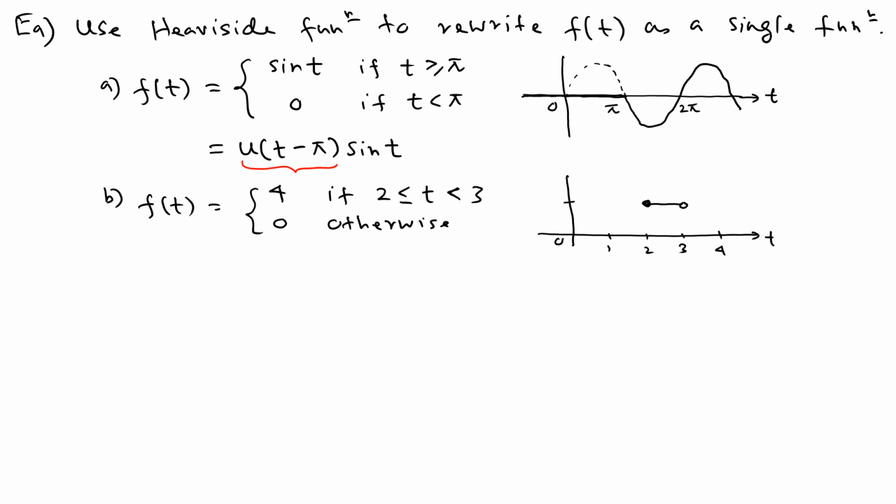So it's quite interesting: it's switched off everywhere else, but it jumps to 4 exactly at 2, and then closes again at 3. That means you need to think about what we can do. You need to switch on at 2. To switch on at 2, we're going to use the u(t minus 2) function.